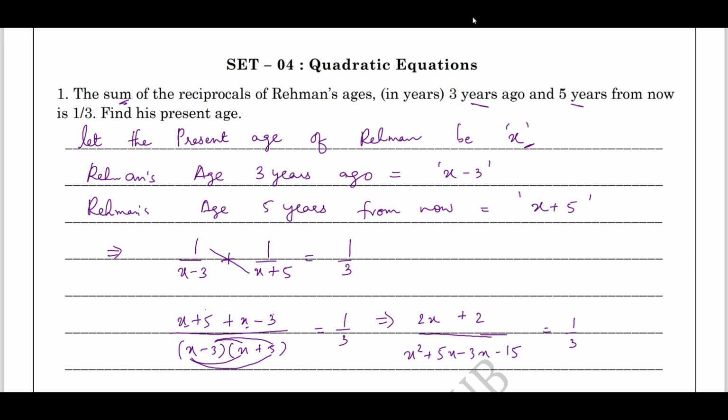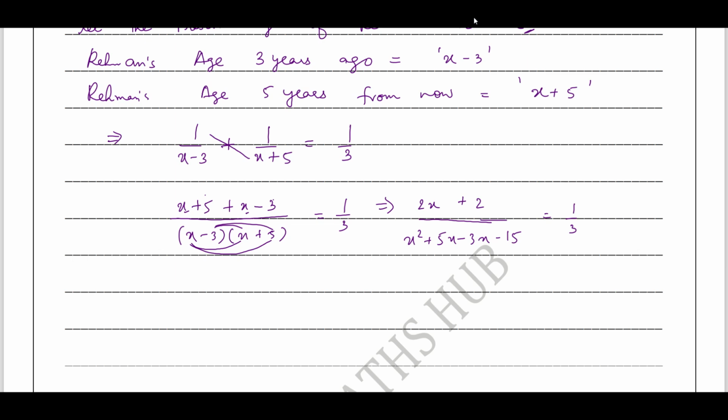Now you can cross multiply. 3 into 2 is 6, so 6 equals x square, 5x minus 3x is 2x, minus 15. Now shift all the terms on the LHS to RHS. What I get? x square plus 2x minus 15, plus 6 after shifting it becomes minus 6, equals 0.